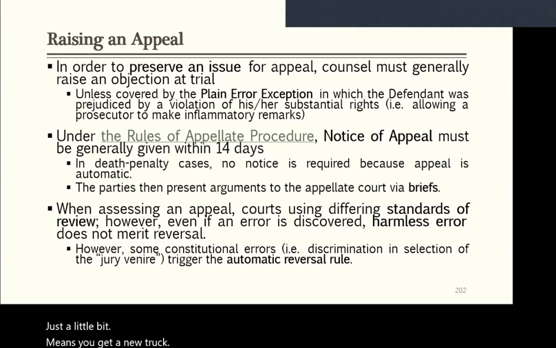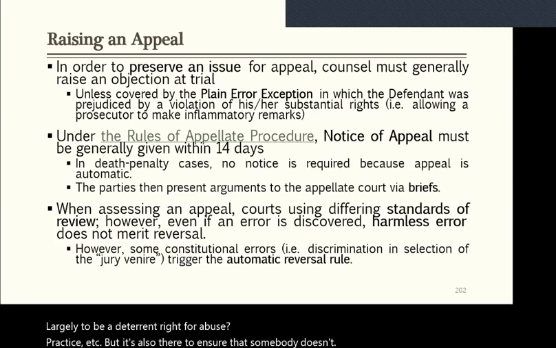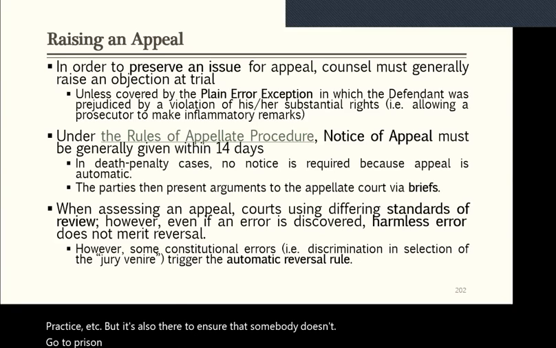So again, this idea is largely to be a deterrent for abuse, malpractice, etc. But it's also there to ensure that somebody doesn't go to prison who shouldn't be in prison, or who legally shouldn't be in prison, as opposed to factually.